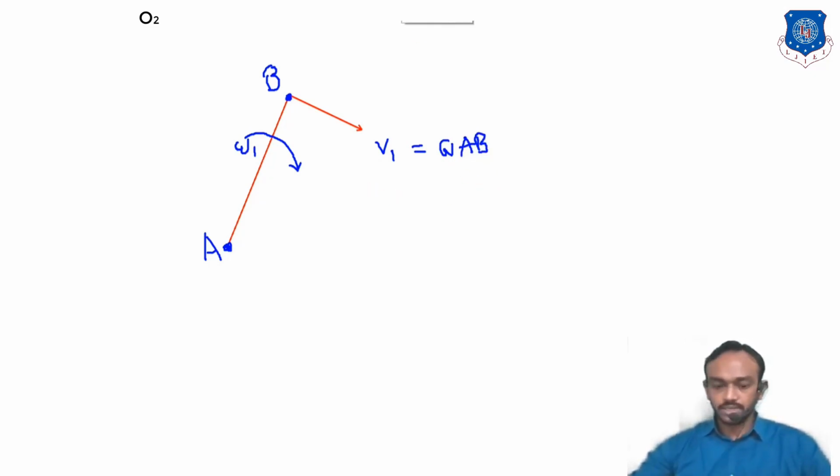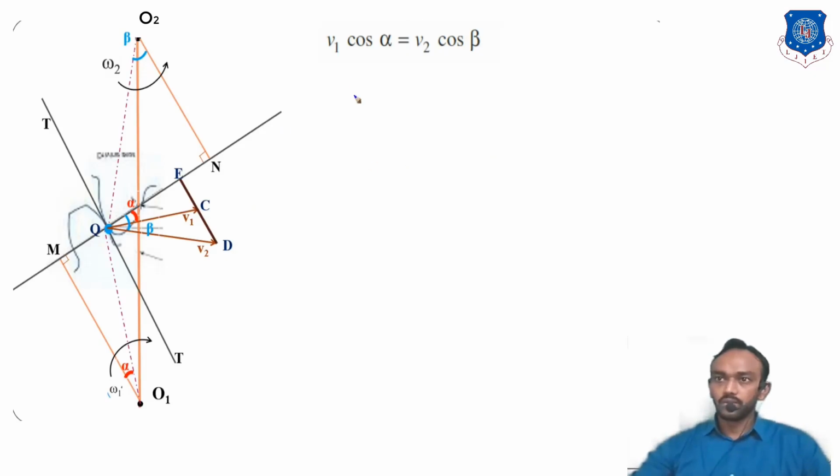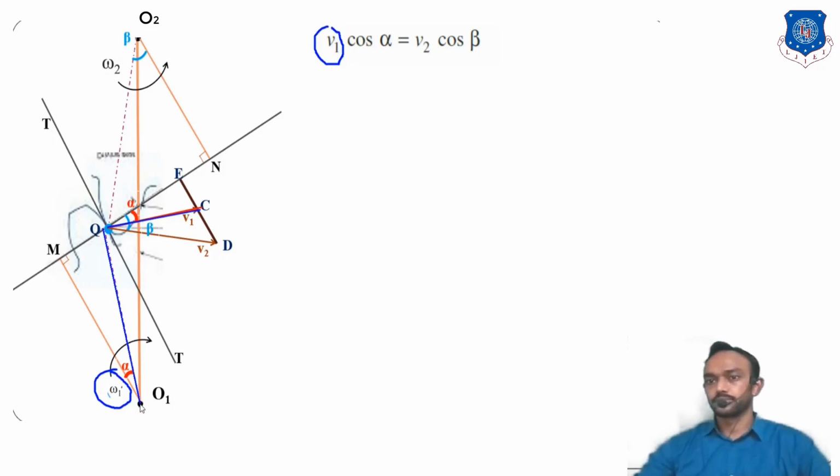But in our case, what will the velocity V1 be? It is the angular velocity omega times this distance.